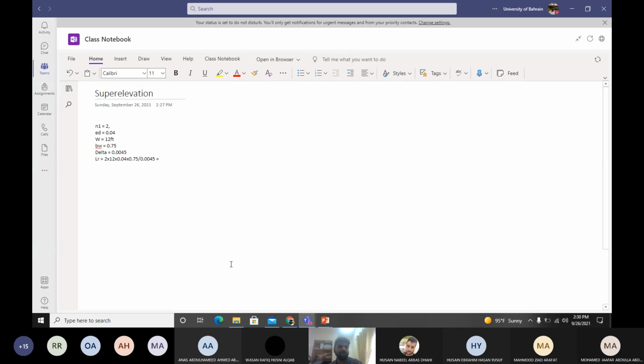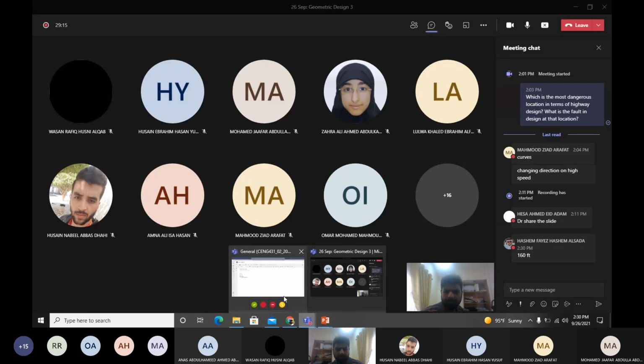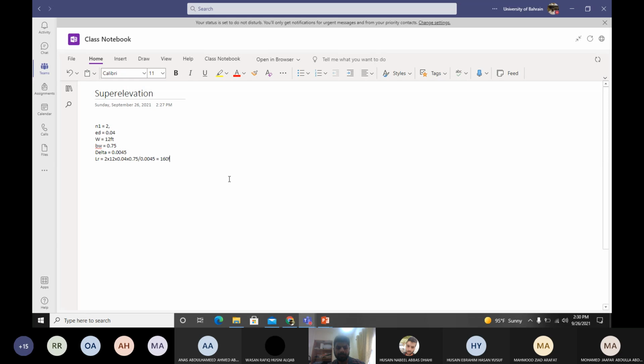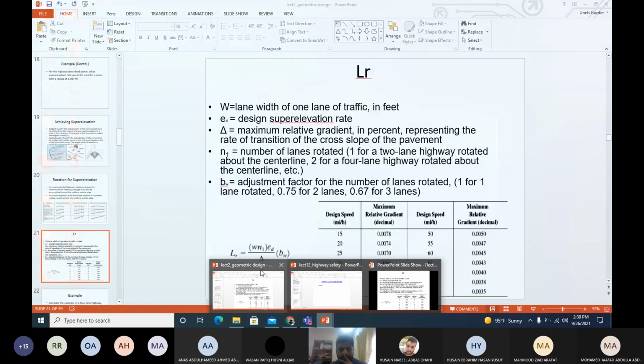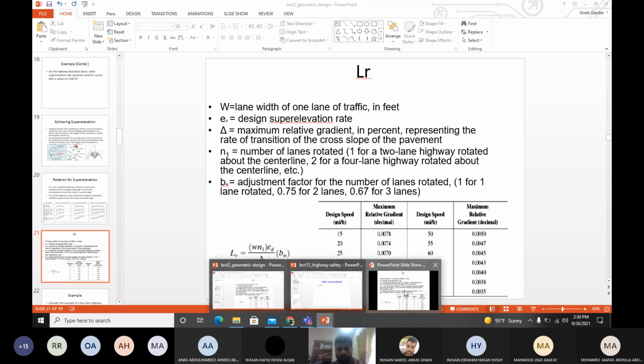Okay, how much is the value of LR? 160 feet. Okay. Any confusion? Any problem? Anything you want to ask? It's clear? Okay.